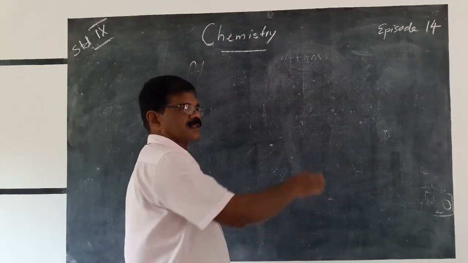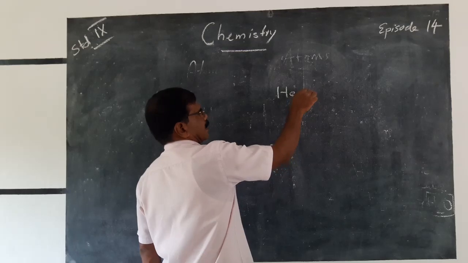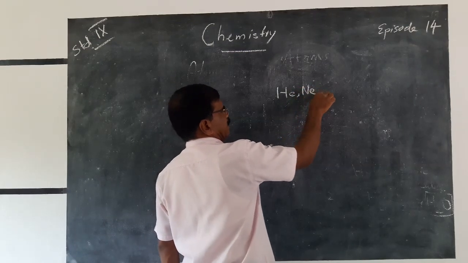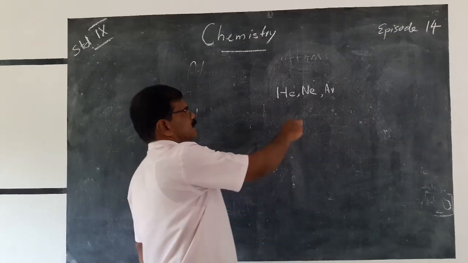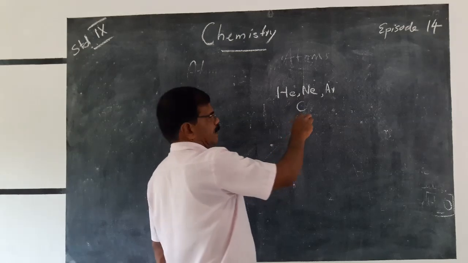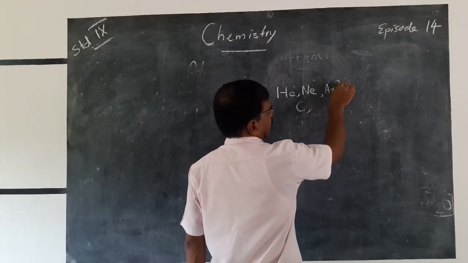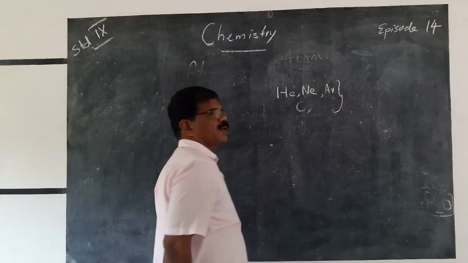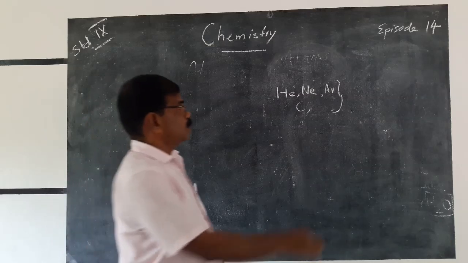For example, helium, neon, argon, which are inert gases, carbon, etc., are called monoatomic molecules.